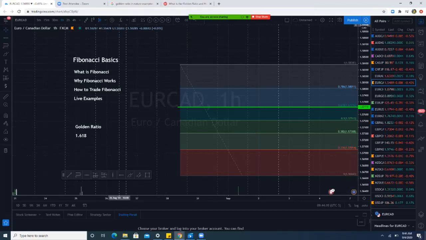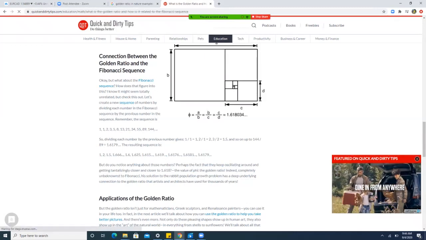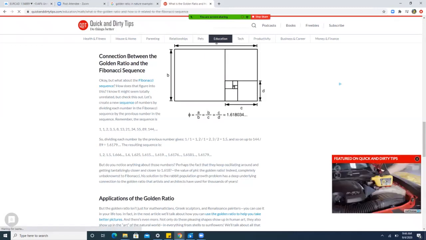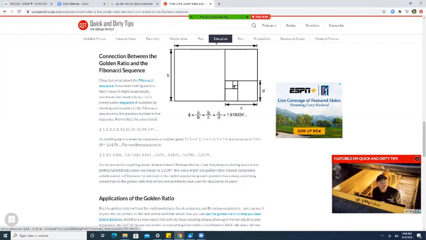So if we go here, we look at just a couple aspects of the golden ratio. This probably looks like a bunch of gibberish. It still does to me, but the whole point is I want you to see this shape right here, this square.